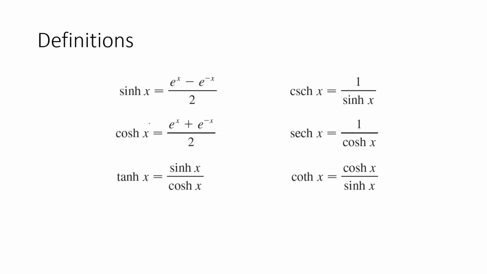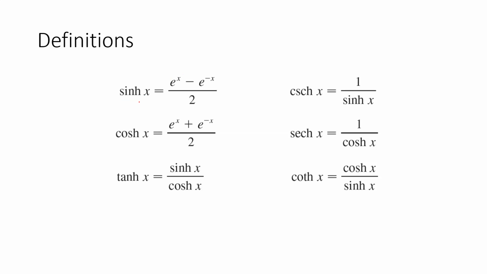So the reason that we're relating these to the trig functions is because what we'll notice is that they have a lot of properties that are very similar to those trig functions, but we have to be careful. They're a little bit different, and in particular, we know that they're not periodic like trig functions are.